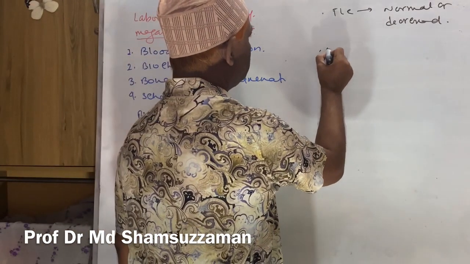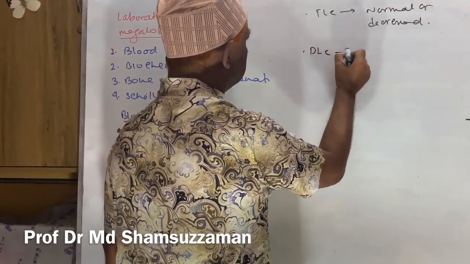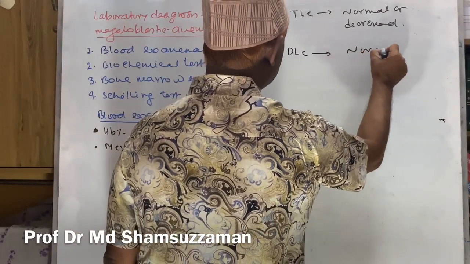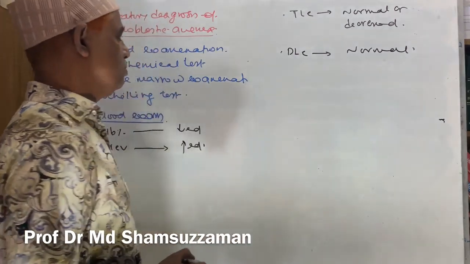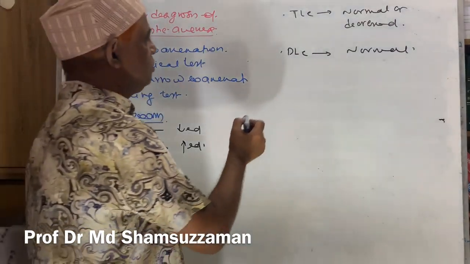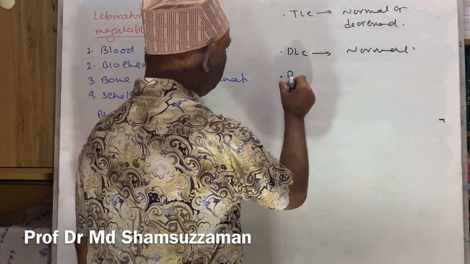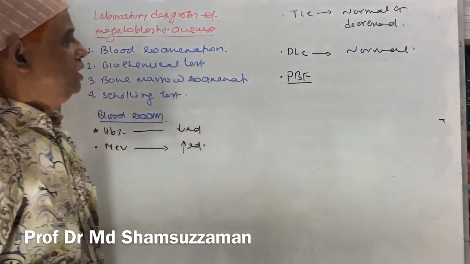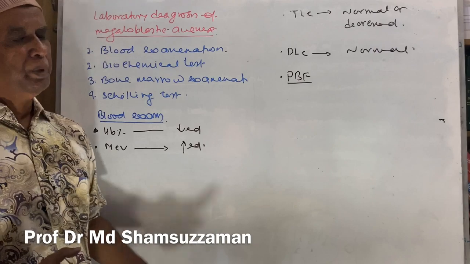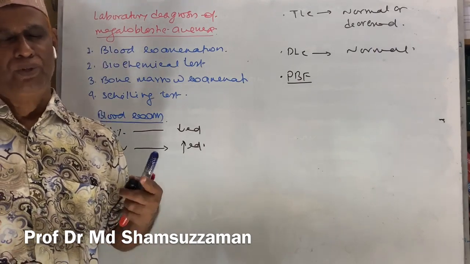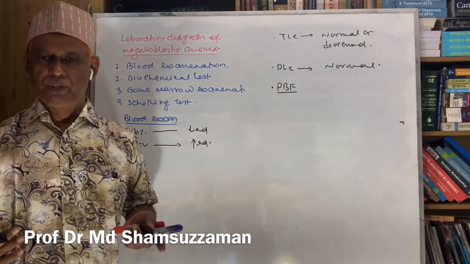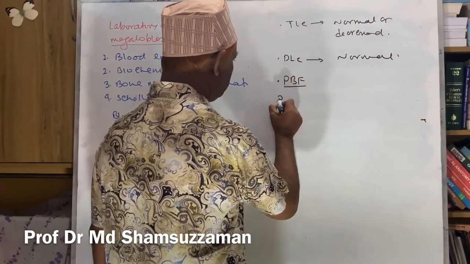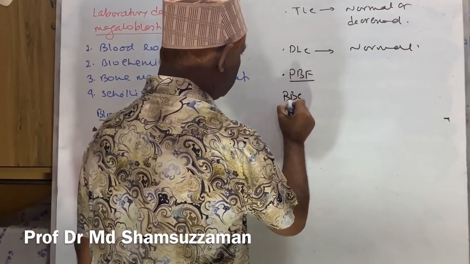Then differential leukocyte count, that is DLC, normal distribution. Then we have to do peripheral blood film. It is important. I have told you in the third lecture, in peripheral blood film, we have to search RBC series, WBC series and platelet. Now come to RBC series in megaloblastic anemia.